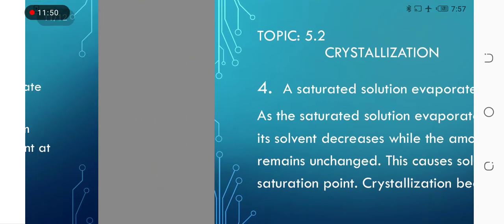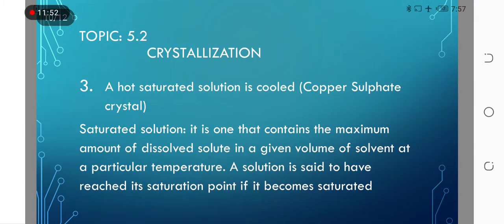Basically, copper sulfate crystals can easily be obtained as a hot saturated solution cools, because it will exceed its saturation point. The excess dissolved solute will then appear in the solution as crystals.